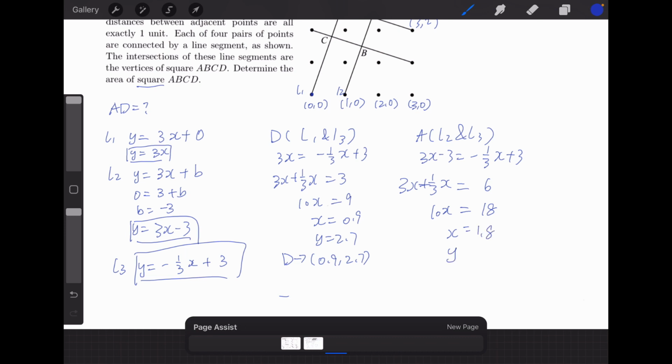If we plug 1.8 back into the equation of line 2, we get 3 times 1.8 minus 3, which equals 2.4, so y equals 2.4. Therefore, the coordinates of point A are (1.8, 2.4).